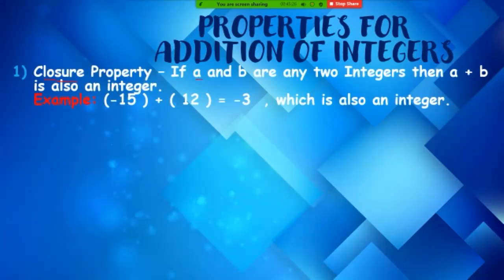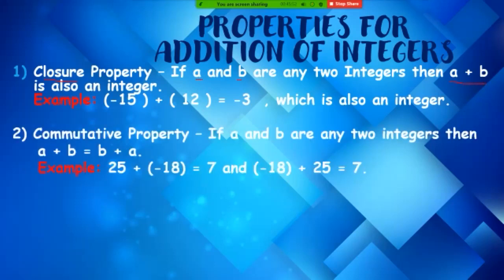If a and b are any two integers, then a plus b will also be an integer. Like we take minus 15 plus 12 is equal to minus 3. So if we add them, then minus 3. This is the answer, and this is also an integer. So this is the closure property.